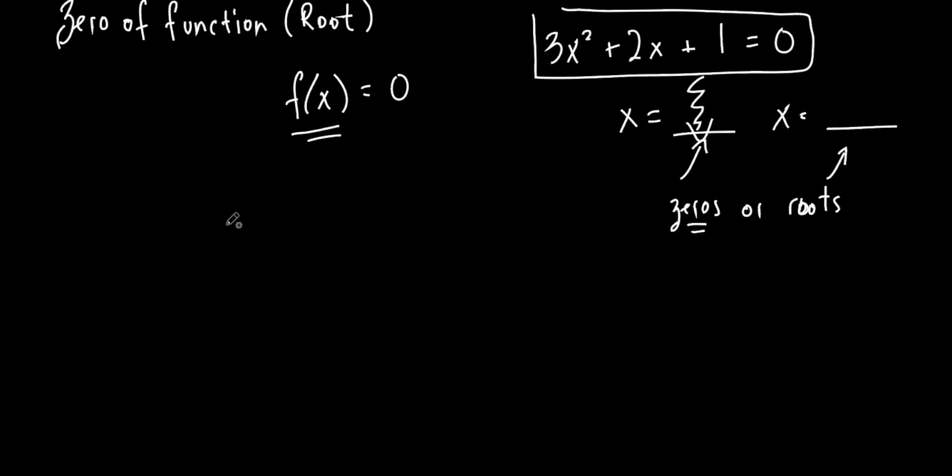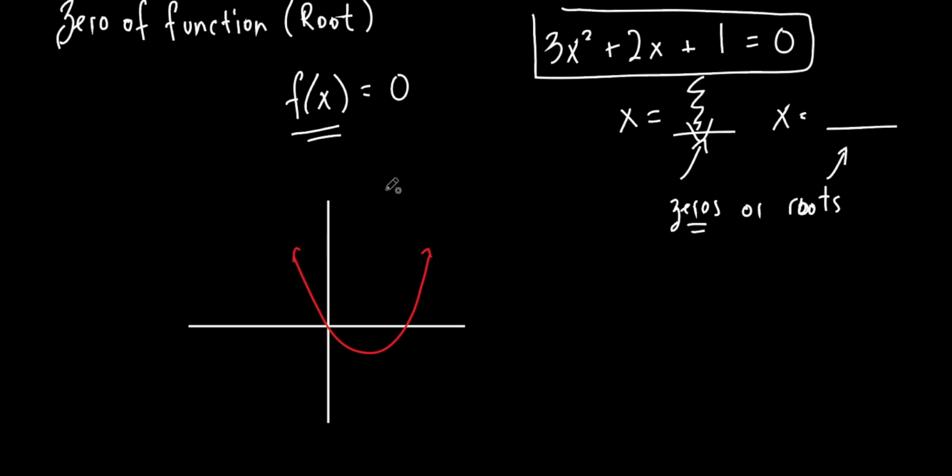I think we've talked about this. So we'll do this and this. If I had a graph, let's say a parabola, because these are quadratics that we're dealing with in here. So if I had a nice parabola like this, where on this parabola are the zeros of that particular function?